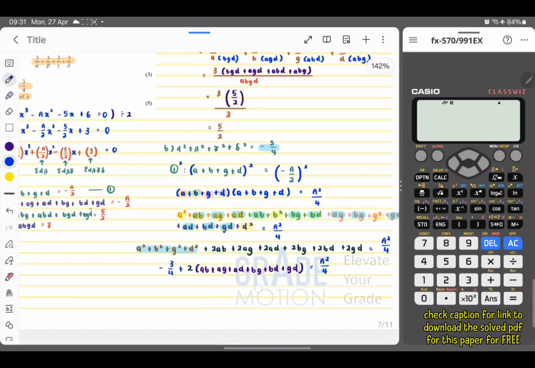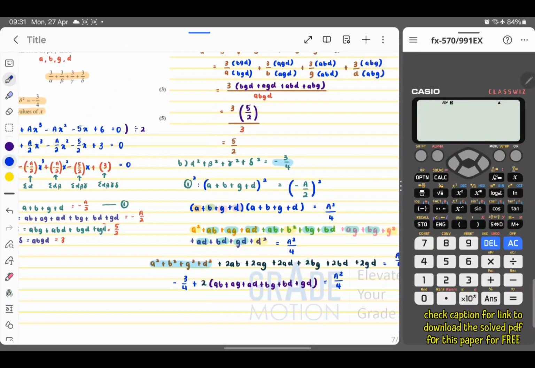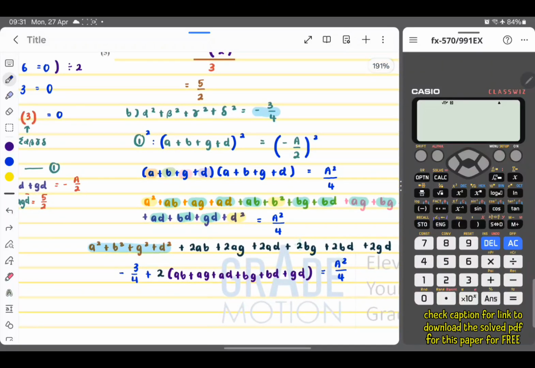We can now use the information that we already have and input it there, which is negative A over 2. So that would be negative 3 over 4 plus 2 times negative A over 2 equals A squared over 4.